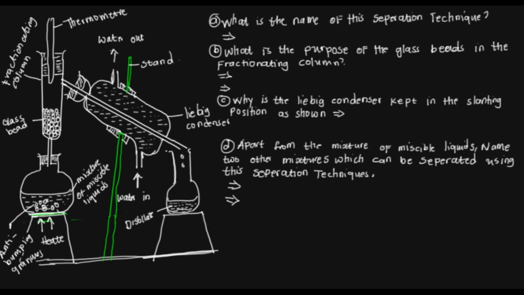Okay, now we move on to question 2. The question is, the figure below shows a separating technique used to separate miscible liquids. Before we move on, let's look at miscible liquids. These are liquids that mix completely and form a uniform solution.